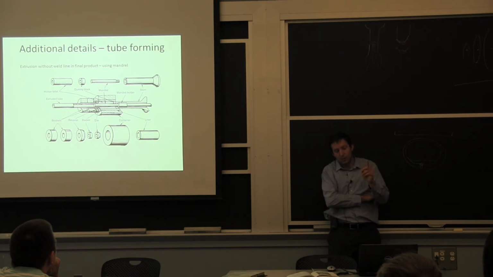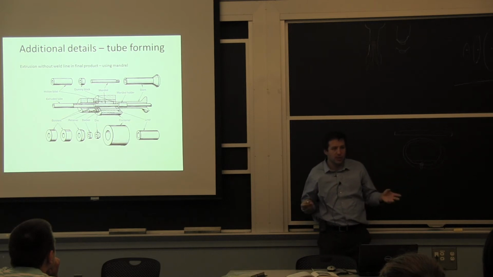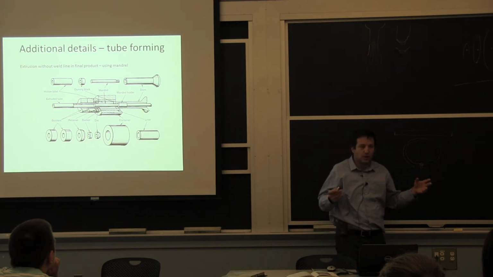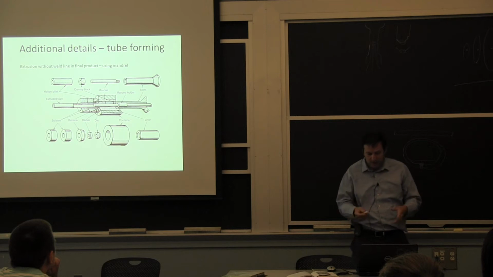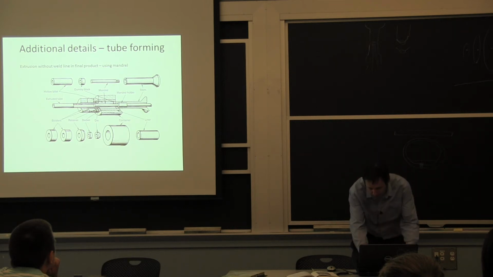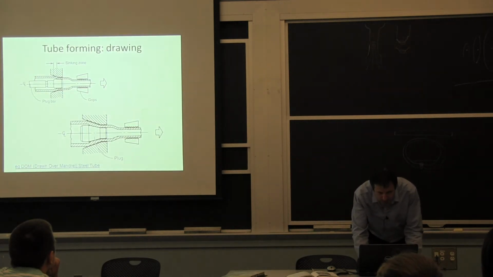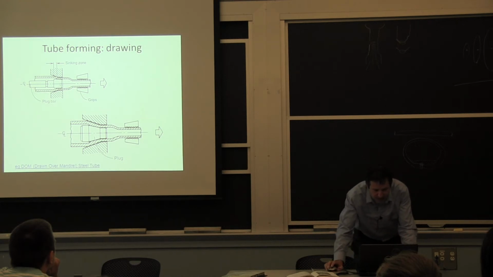So with a mandrel, one way is to limit your length. So you come with a piece that is hollow, you insert it in the assembly, and you have the mandrel. Let's look at a side view here. So you have the mandrel on the inside. Well, this is drawing, but extrusion would be the same in the other way. So you have to keep this in place and you have to have the tube travel through both of them.